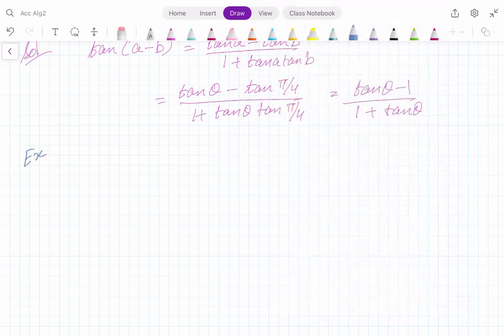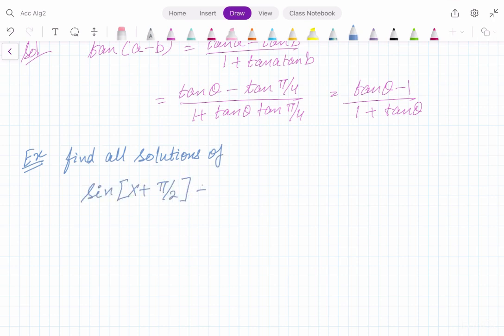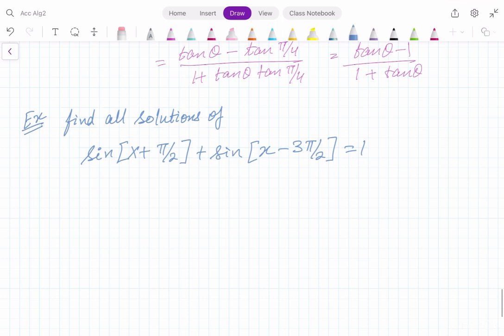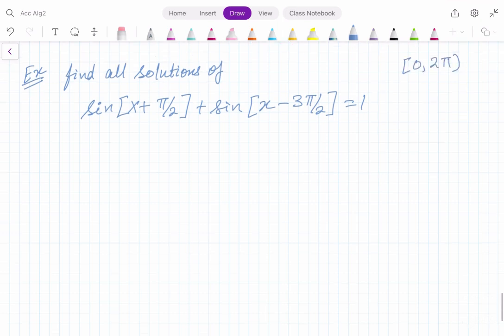Okay, let's take one more. Perhaps the last one. Now they're asking you to find all solutions, and then they have given us one problem. And this problem involves using the sum and difference twice. And we have the restrictions here.